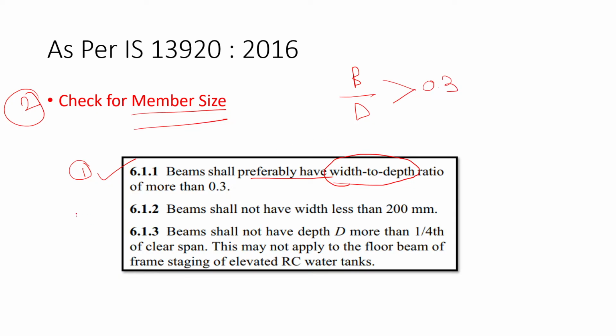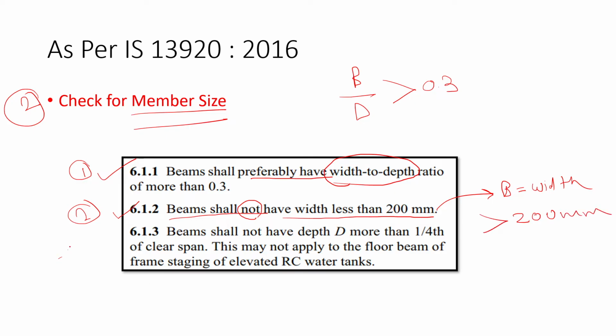Second criterion is the beam shall not have width less than 200 mm, so we have to compare the width with 200. And third criterion is the beam shall not have depth more than one fourth of the clear span, meaning depth should be less than one fourth of the clear span. Let's see.